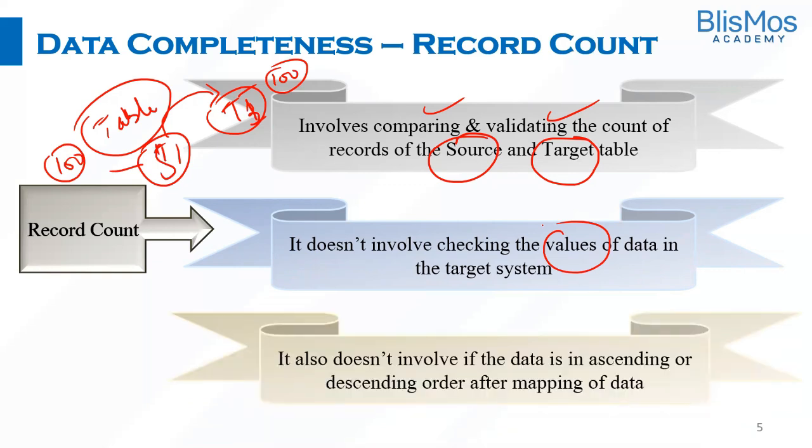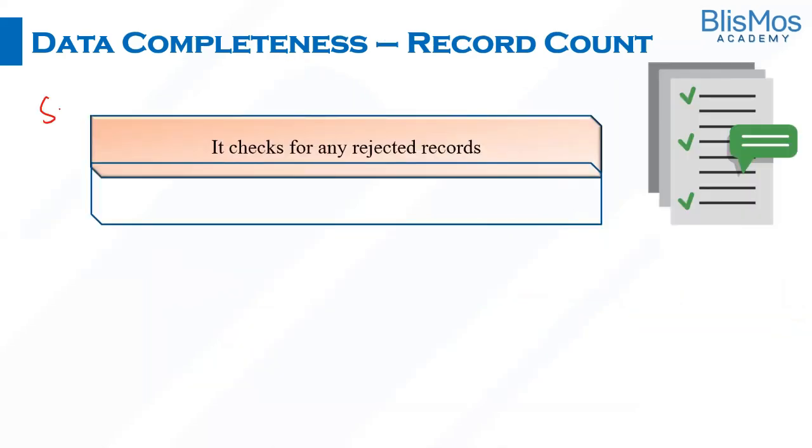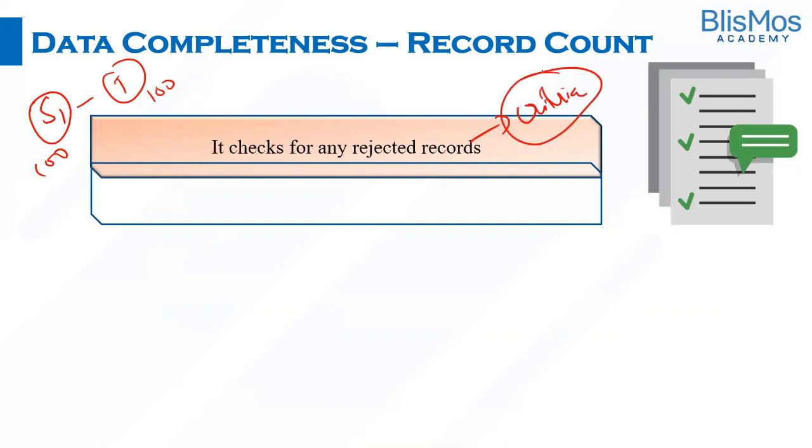And also in record count, we are not bothered whether the data is in an ascending order or a descending order. I took an example in the earlier slide. Source 1 has 100 records and target 1 also has 100 records, provided there is no requirement to filter or reject the records. In case your requirement specifies that your records need to be rejected based on a particular criteria, we need to consider that criteria, that requirement while validating the records.